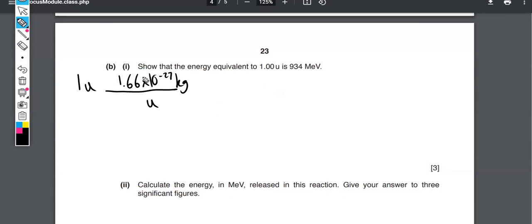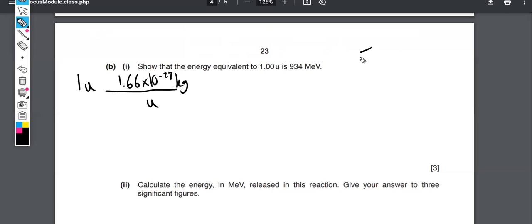Or is it 1.67? Remember, it shouldn't be too far off. I guess if we don't show that it's 934, we'd say, oh, we missed a little bit there, 1.67. So one unified atomic mass unit is 1.66 by 10 to the -27 kilograms of mass.